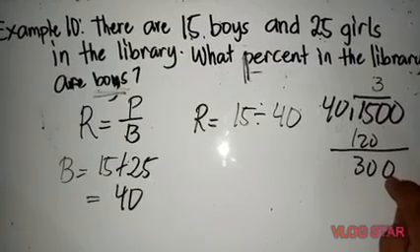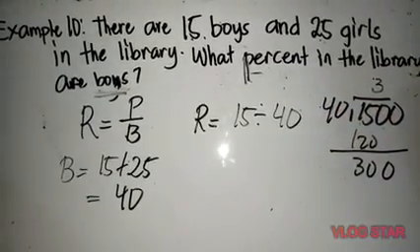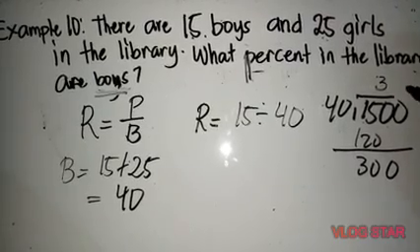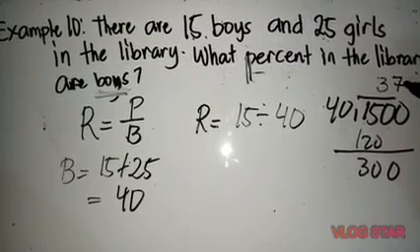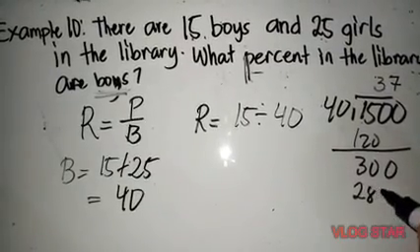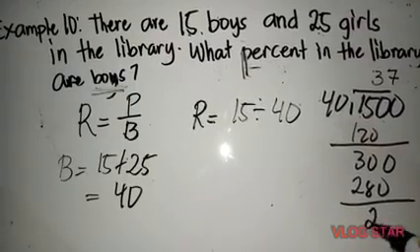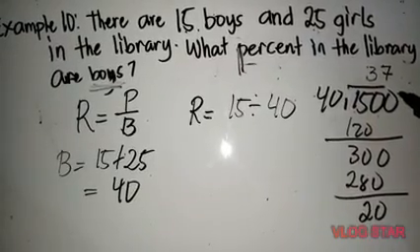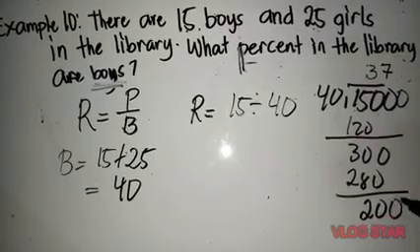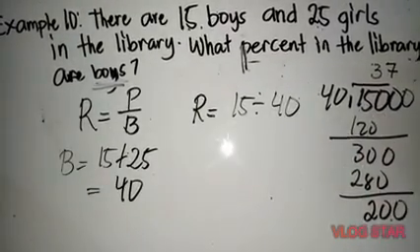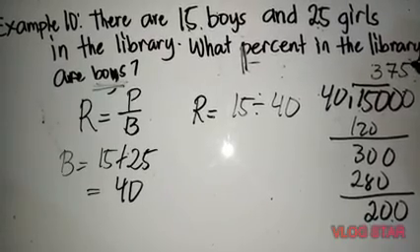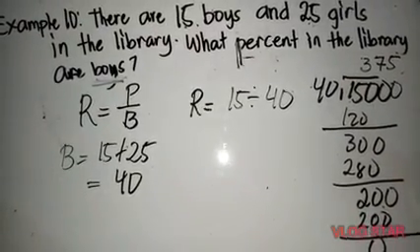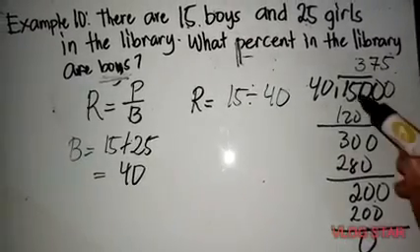Then bring down 0. Then 30 divided by 40, 7 times 40 is 280. Then subtract. Since we still have remainder, add another 0. 200 divided by 40 is 5. 5 times 40 is 200. So subtract, the answer is 0.